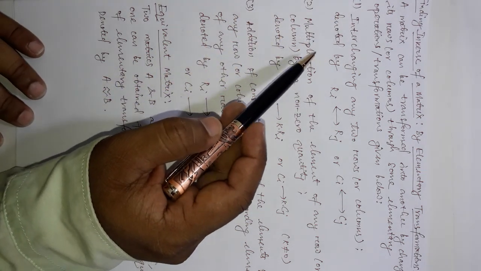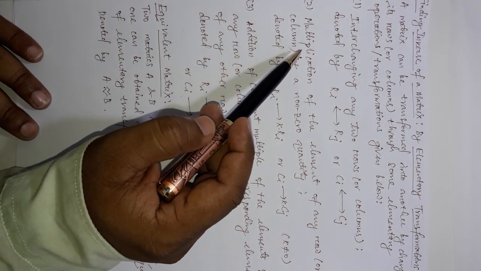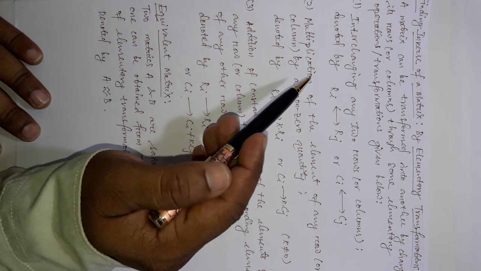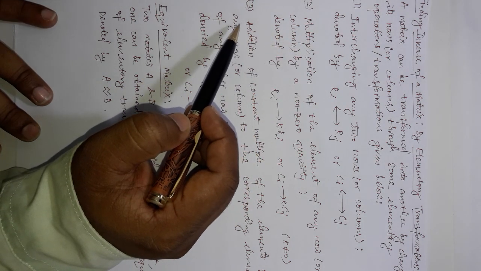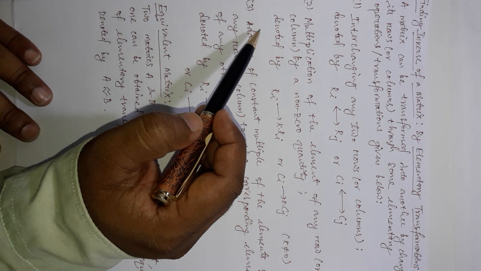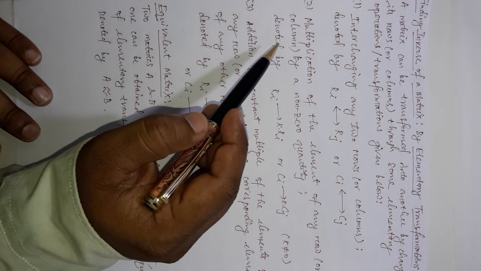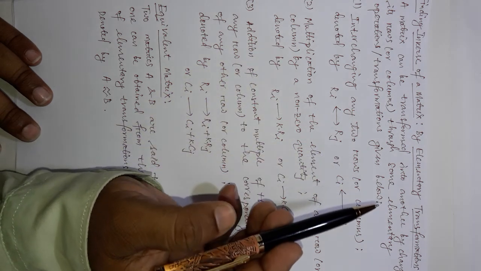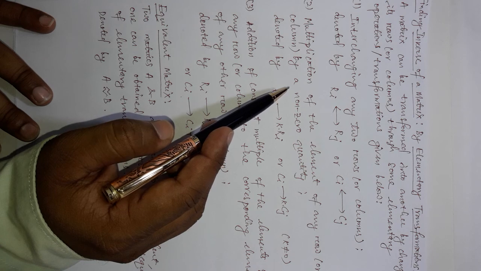These three operations are considered elementary transformations or elementary operations. There are many other properties of a matrix, but only these three operations are taken as elementary operations or transformations. So, what are those three, friends?